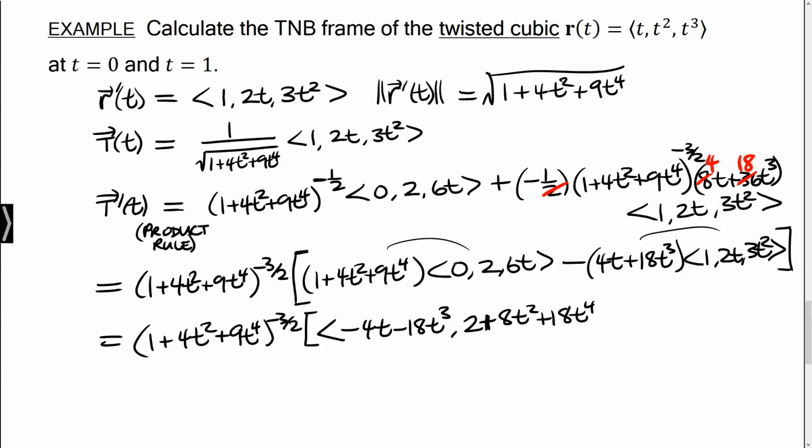And then from the second one, we've got 2t times all this stuff, so minus 8t squared, and a minus 36t to the fourth. Then the last one, distribute the 6t across: 24t cubed and a 54t to the fifth. And from the second vector, a minus 12t cubed and a minus 54t to the fifth.